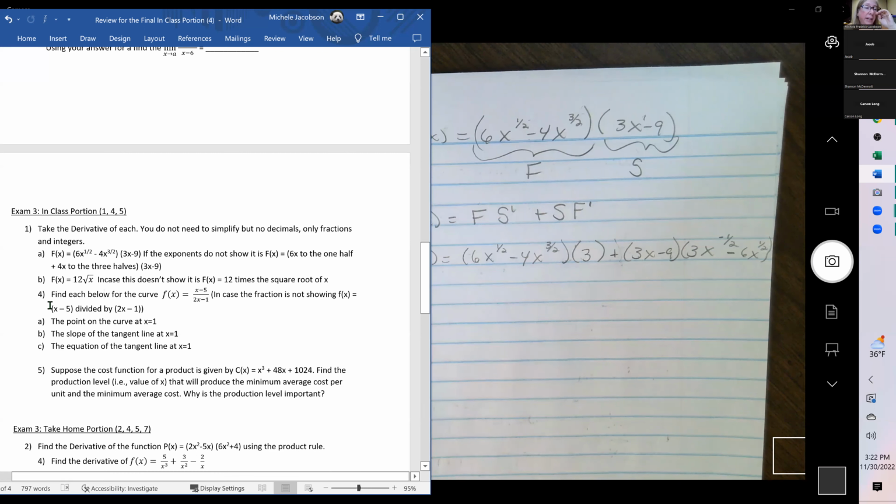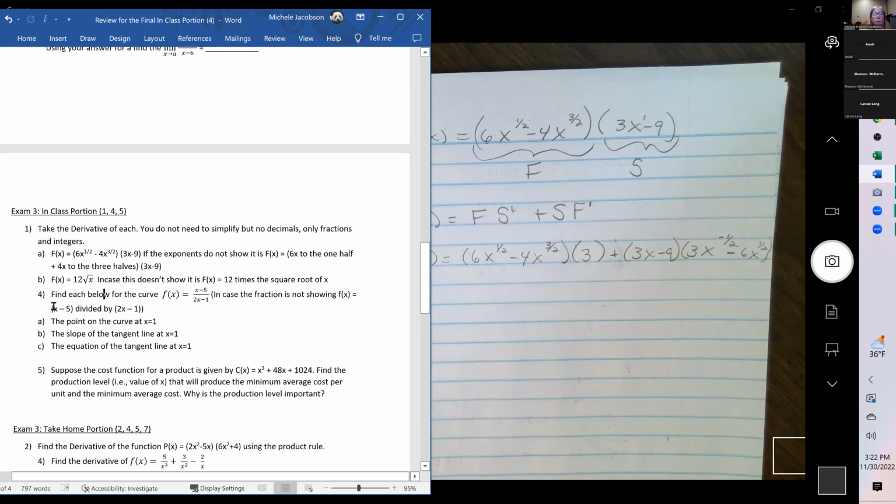Okay, the next one with the square root. I put that problem and number 4 together because there's at least 2 where we're doing the fraction because of the average cost function. So I made this one a square root.